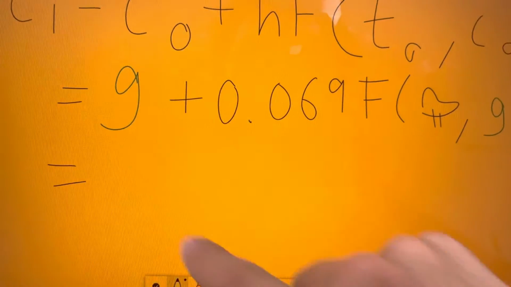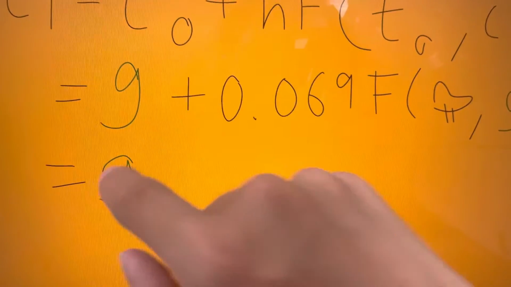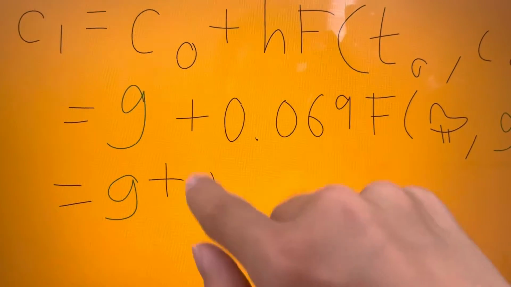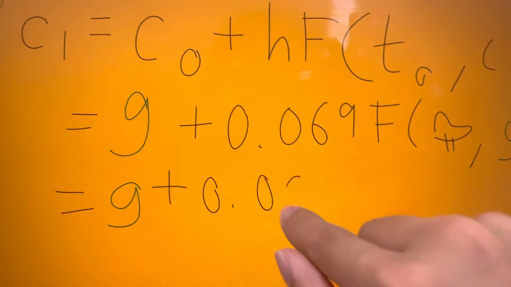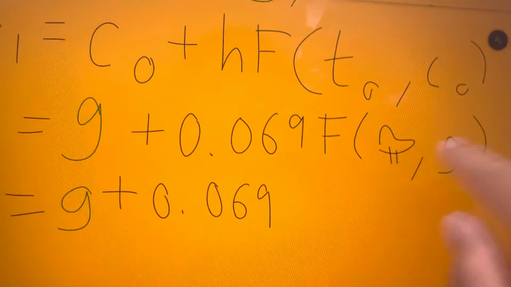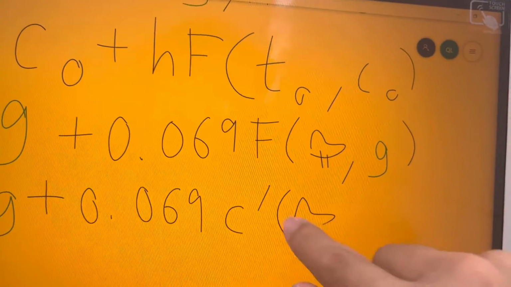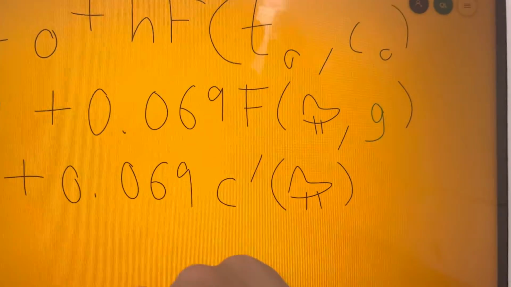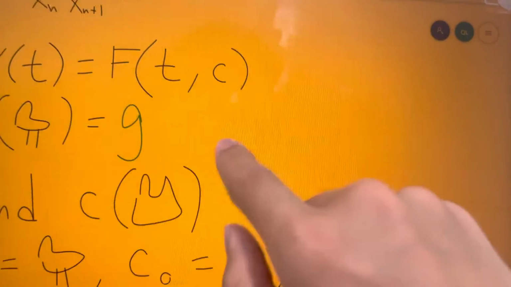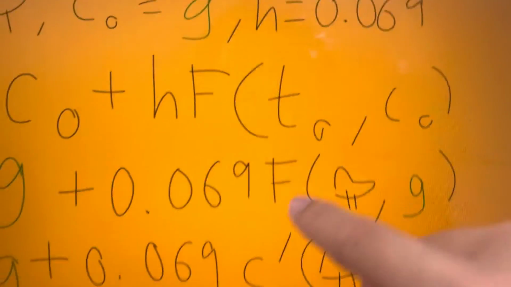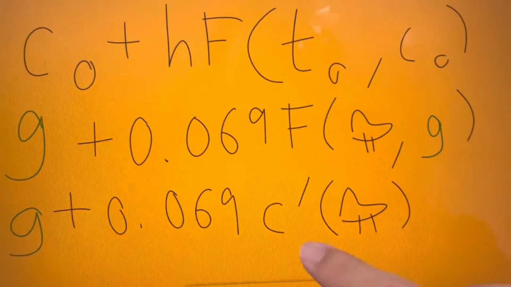This is all equal to the green plus 0.069 times this. Now keep in mind, this right here is actually just C prime, so that's the derivative. We saw it right here.